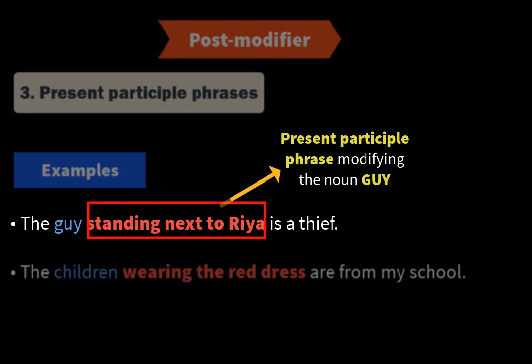We are talking about the guy standing next to Ria. Who is standing next to Ria? So, standing next to Ria is a present participle phrase starting with the present participle standing, working as a modifier, working as an adjective. Why? Because it is giving information about the noun guy. Which guy? Standing next to Ria.